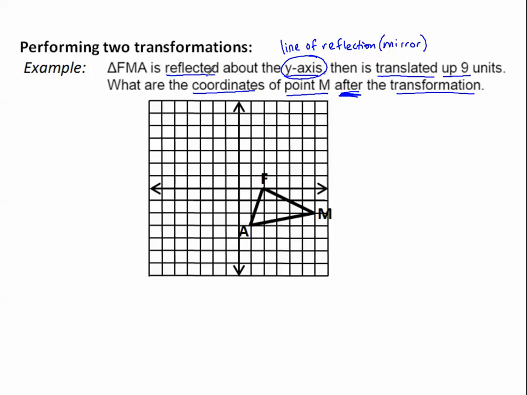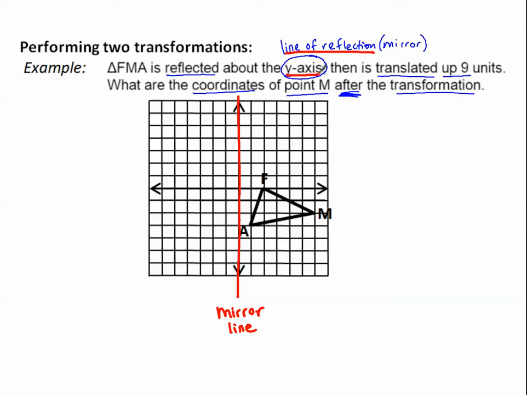First, the reflection about the y-axis. So that means the y-axis, that's our line of reflection. So I'm going to draw along the y-axis and label that this is the mirror line or the line of reflection, the y-axis.